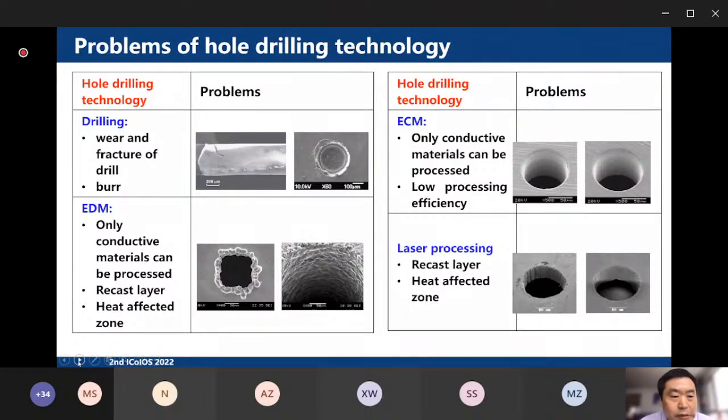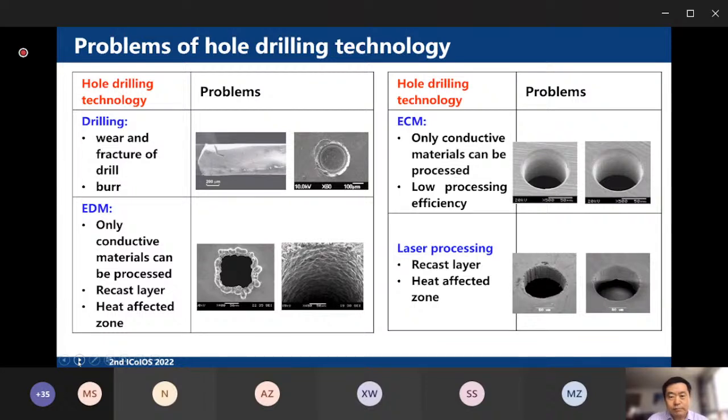Next. There are many problems for micro hole drilling. If we use a drill to drill the micro hole, the drill will wear and fracture, and there are also burrs on the edge of the micro hole. For EDM, only conductive materials can be processed. There is also a recast layer on the edge of the hole, and it also generates a heat-affected zone.